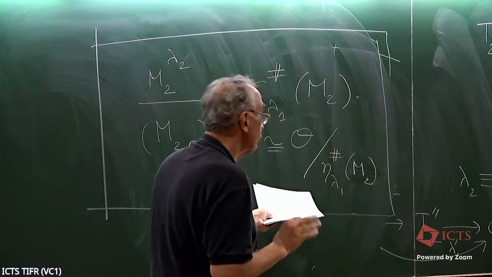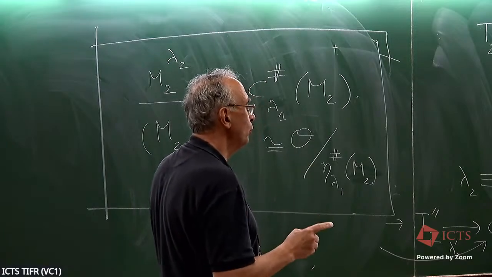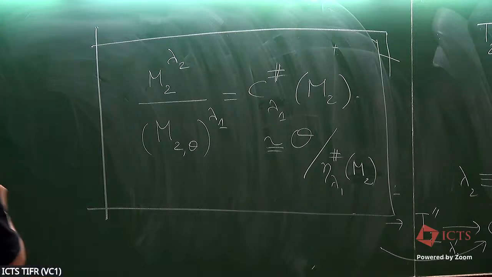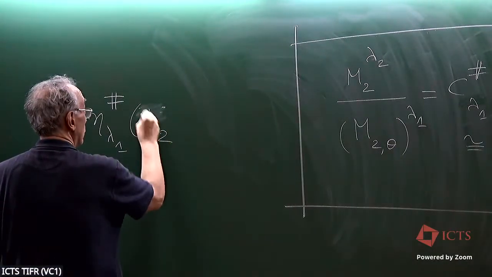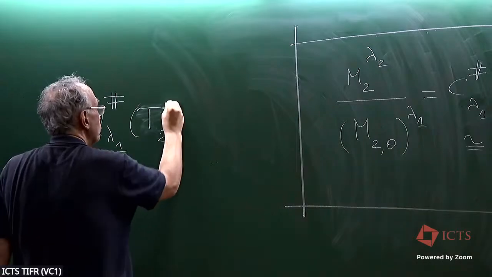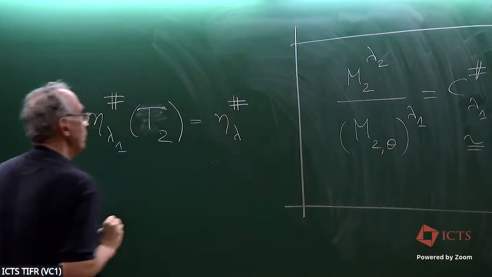If you look carefully at the definition I gave for the Hecke relative congruence number, you will see that my definition says that eta lambda sharp of this module, T2 being a T2 module, is what I defined as eta lambda sharp Hecke.